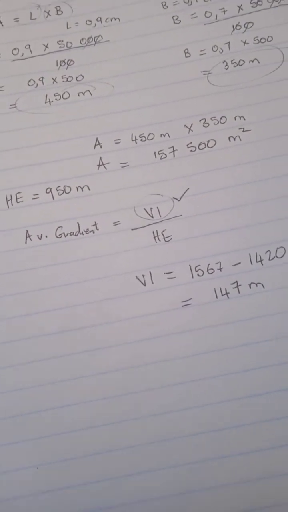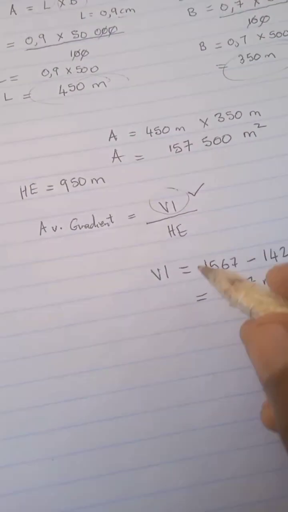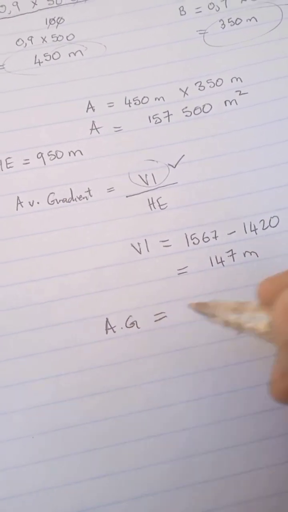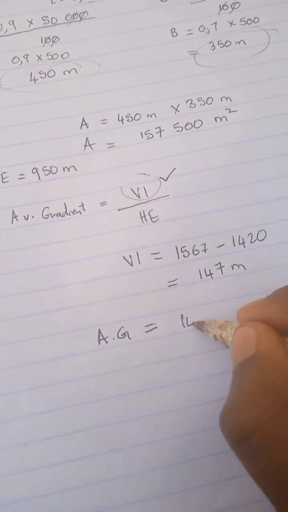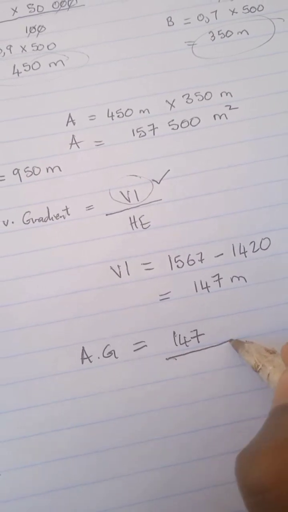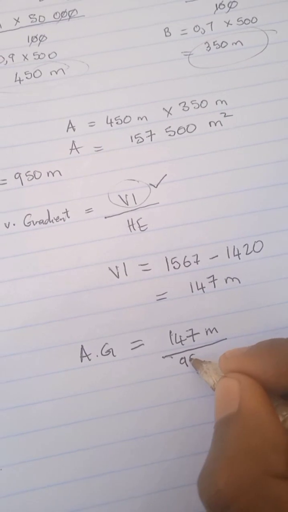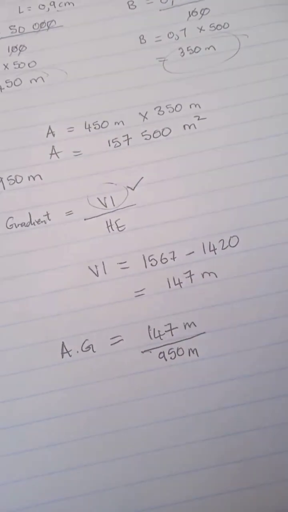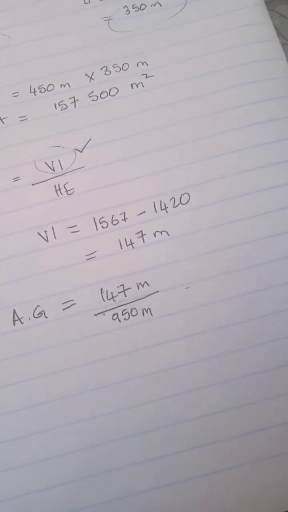Then we insert these two into the formula. Our average gradient is VI, 147 meters, divided by 950 meters. Now, you do not just put this into a calculator and get an answer.